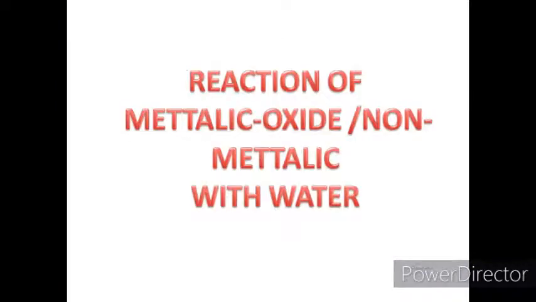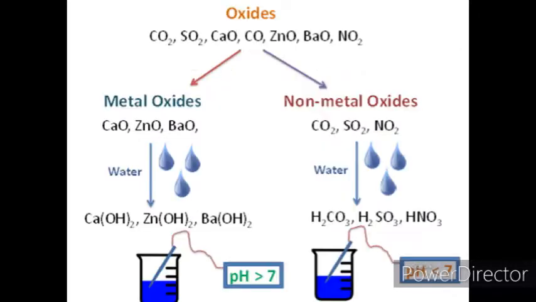Now let's see how metallic oxides or non-metallic oxides react with water. Here are some oxides written over here. First we will see which one is a metal oxide and which one is a non-metal oxide, and then we will see how they react with water.